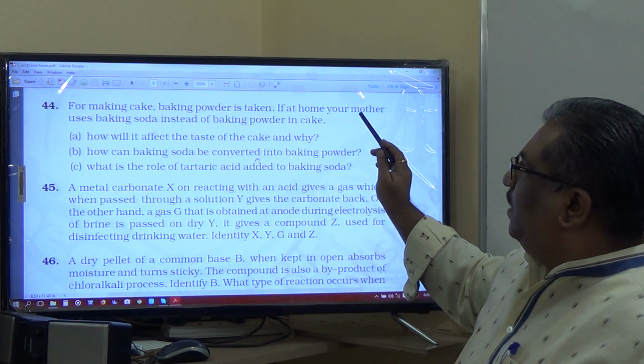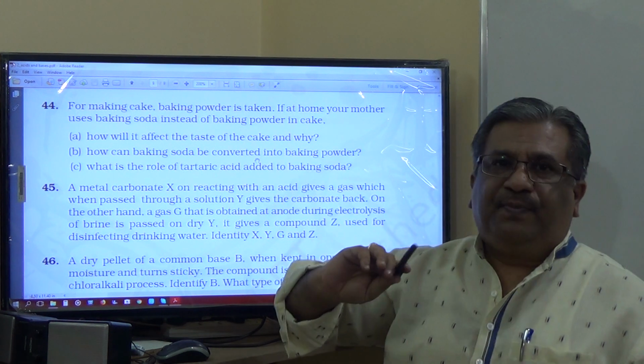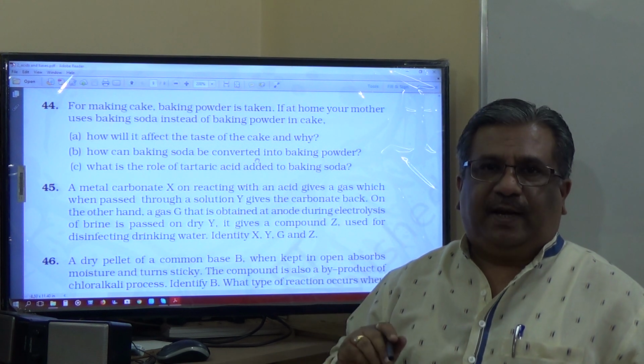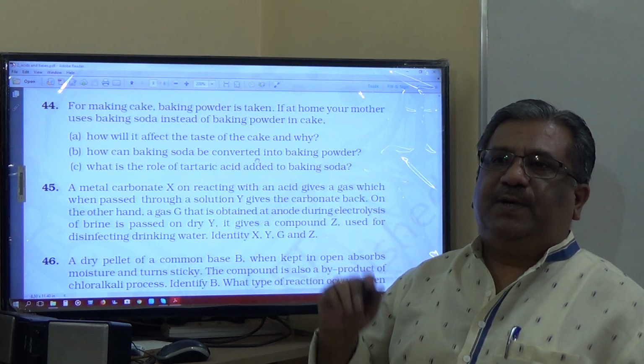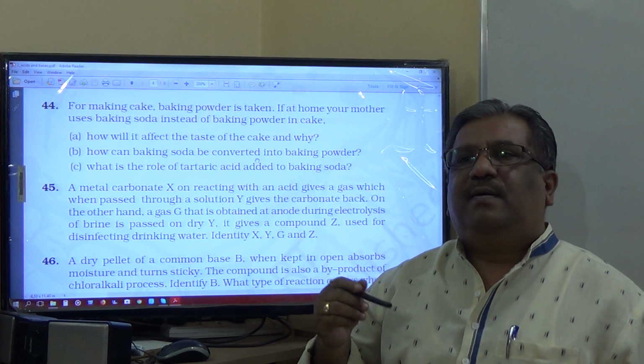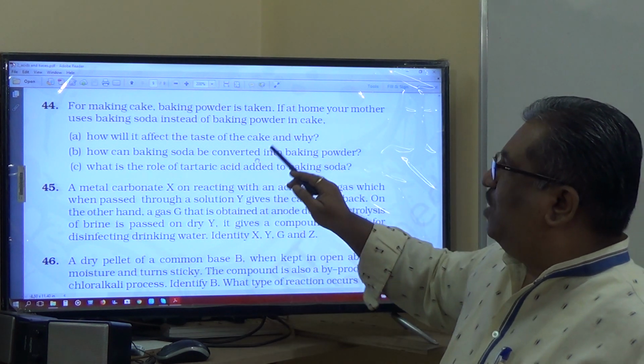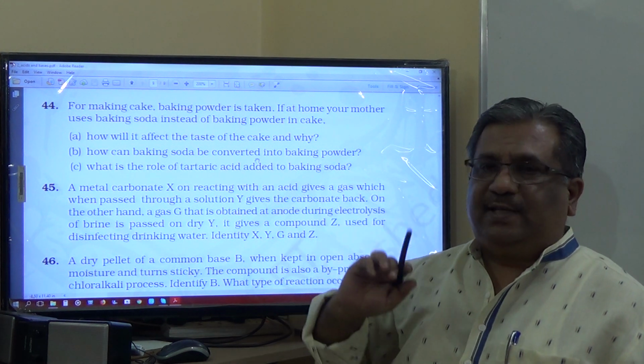If your mother uses only baking soda, it undergoes thermal decomposition to produce CO2 and Na2CO3, isn't it? Na2CO3 is bitter in taste, and therefore the cake tastes bitter if baking soda is used.